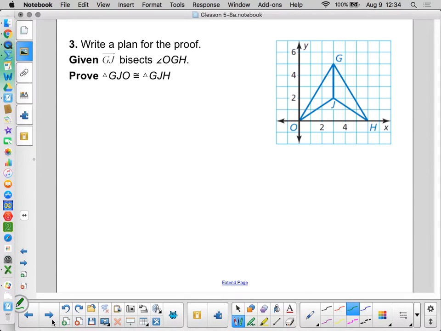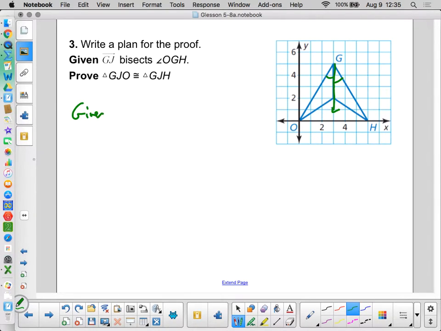Here, given GJ bisects angle OGH. So GJ bisects OGH. That means that these two angles are congruent. Prove the triangles are congruent. Write a plan for that. And again, we start with our given.